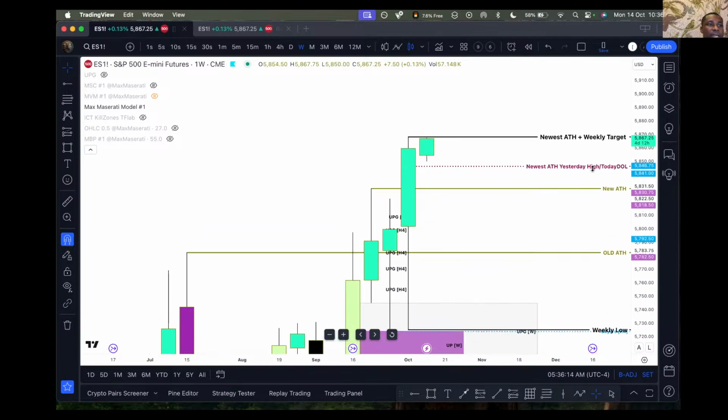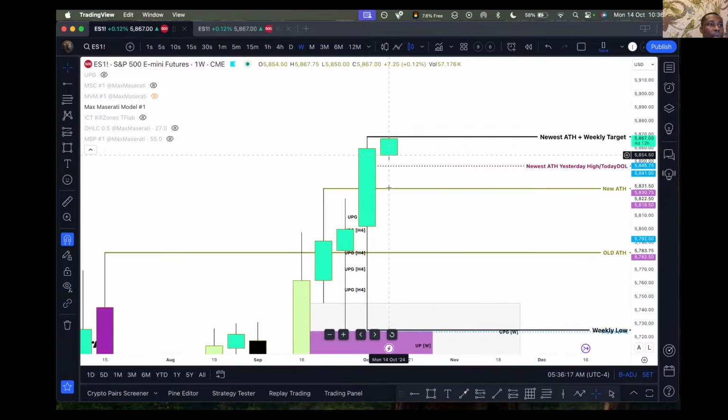Normally we would love to see this candle retrace within the 50% of the candle, but the buyers are so strong, and they are pushing price up.